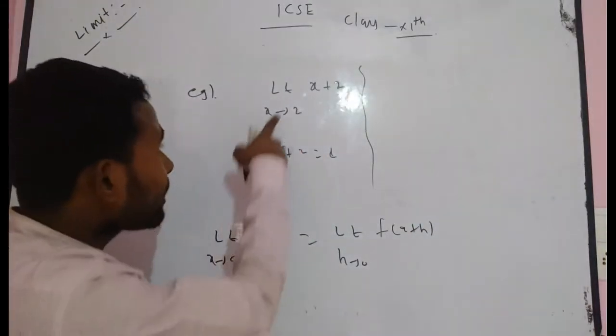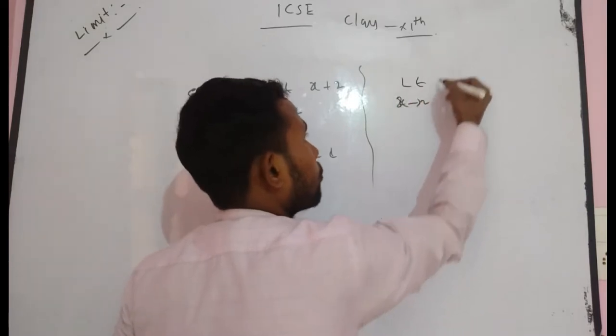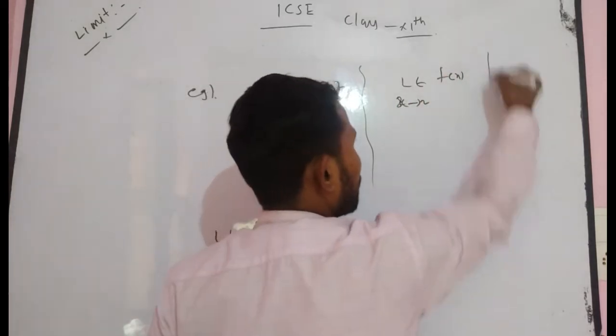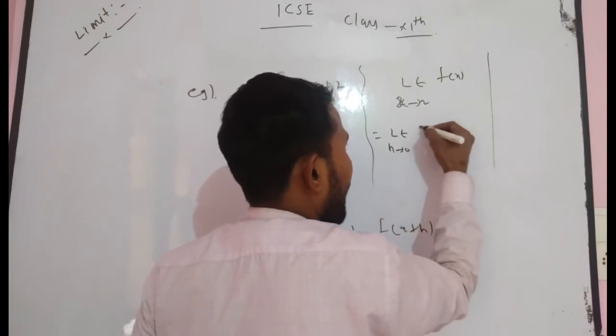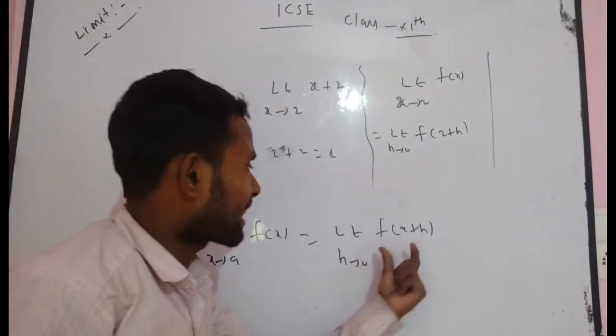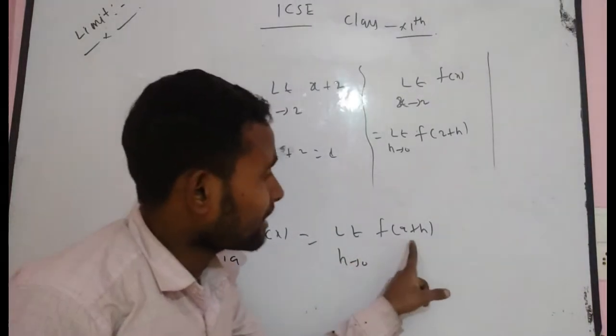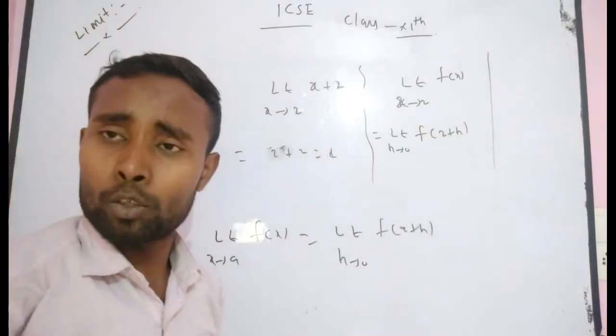Here a is equal to 2. So limit x tends to 2 of f(x) is equal to limit h tends to 0 of f(2 plus h), because if you solve this problem by RHL, it becomes a plus h. Here you take a equal to 2, so you write 2 plus h.